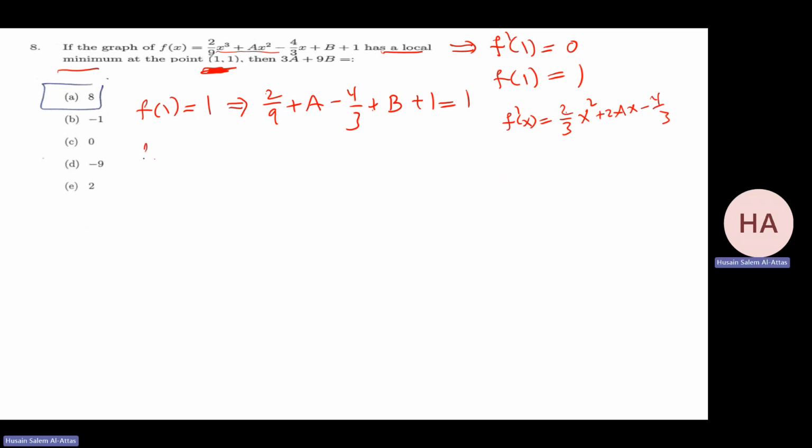So I know that f prime at 1 equals 0, that implies what? 2 over 3 plus 2a minus 4 over 3 equals 0, correct? Yeah. So that implies 2a equal what? 2 over 3. So a equals 1 over 3.